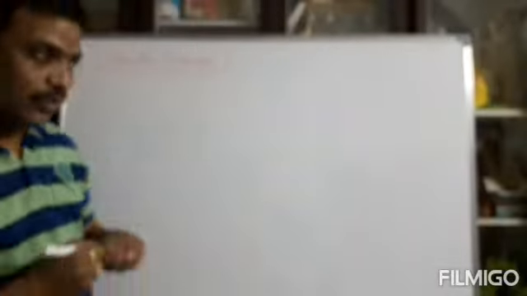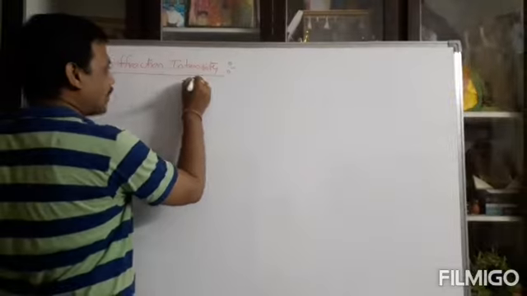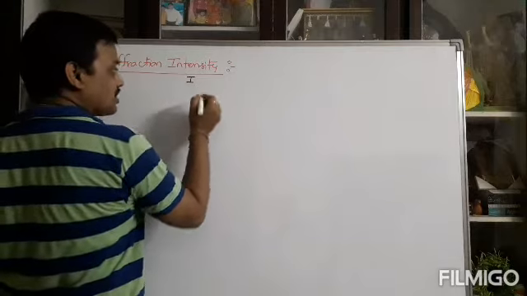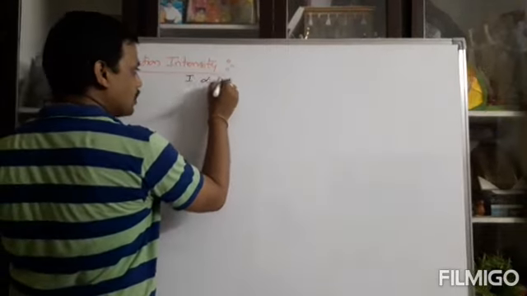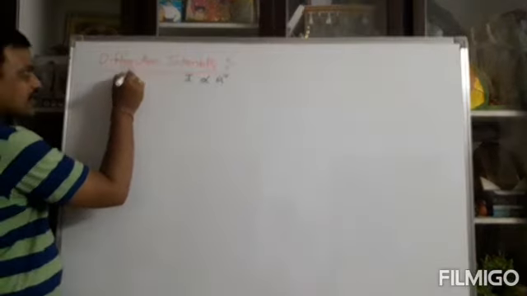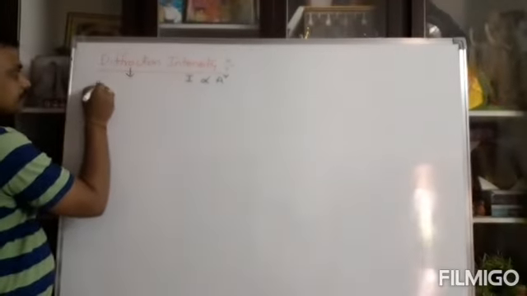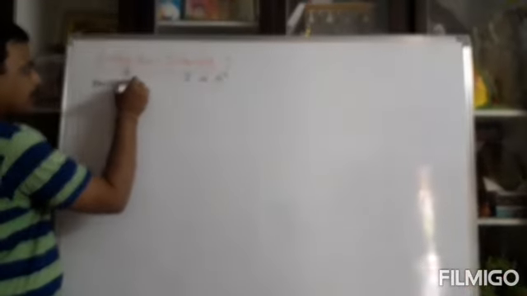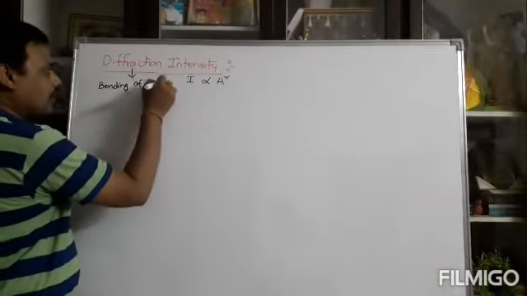According to your lower class level, intensity is represented by capital I. Intensity of waves or light is always directly proportional to the square of the amplitude. Diffraction is nothing but bending of light.